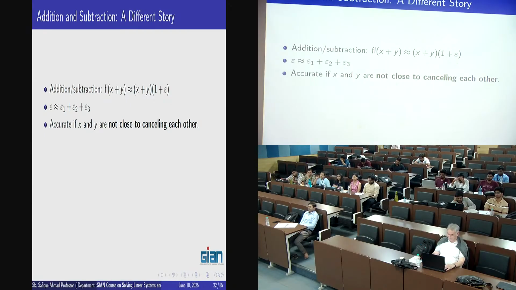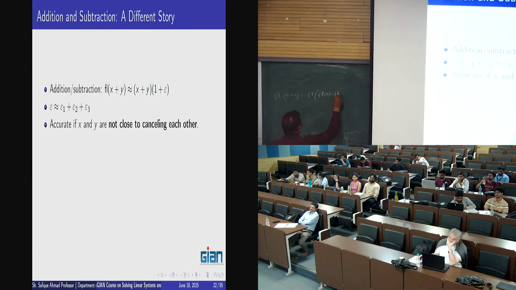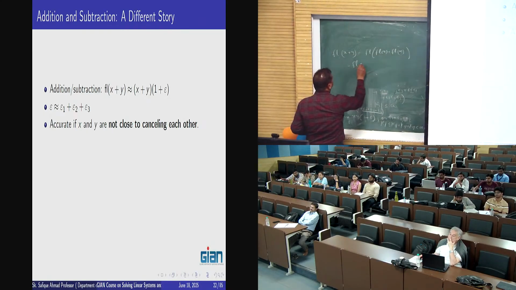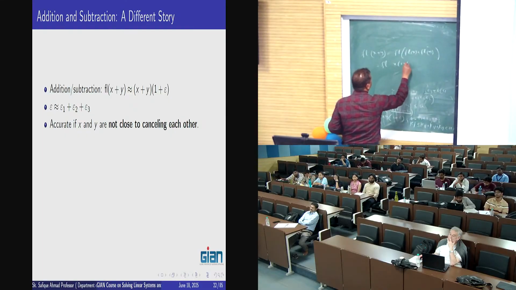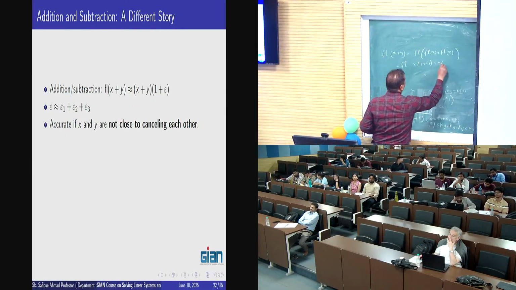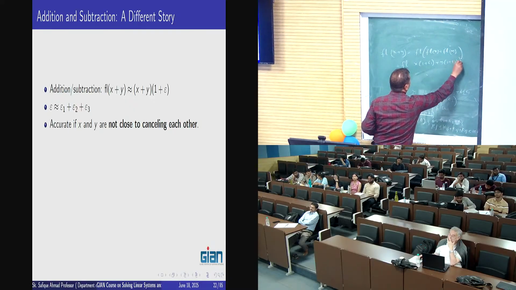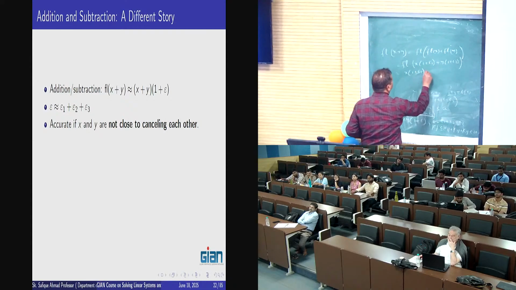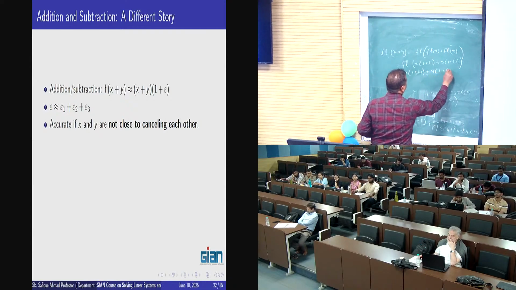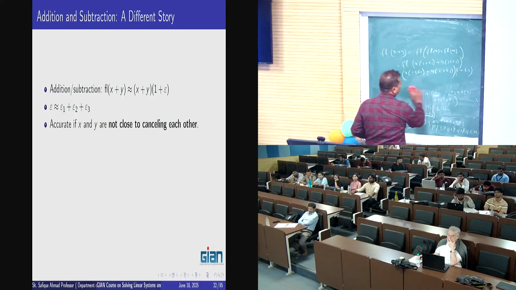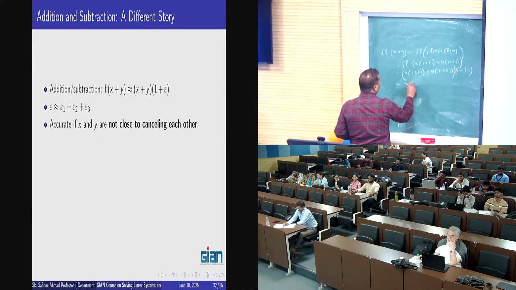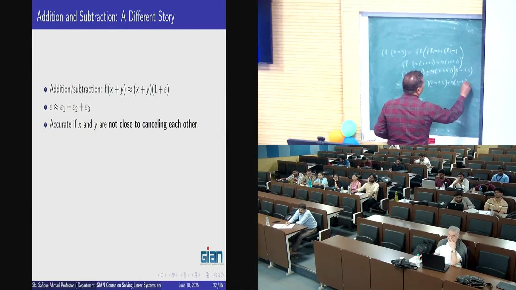So, you will be calculating this floating point of x, this is x into say 1 plus epsilon 1, and this is y into 1 plus epsilon 2, okay, and you add this, x into 1 plus epsilon 1 plus y into 1 plus epsilon 2, and then you multiply this, and you have this x into 1 plus epsilon 1 into 1 plus epsilon 3, okay.